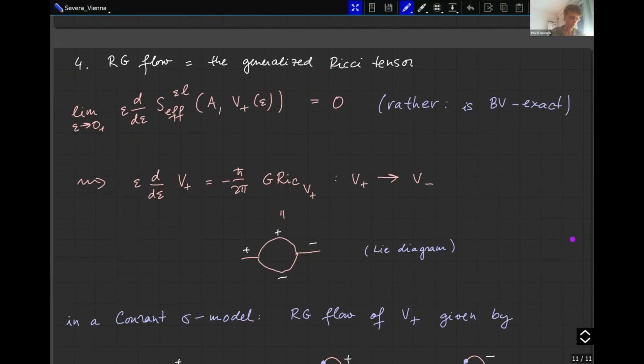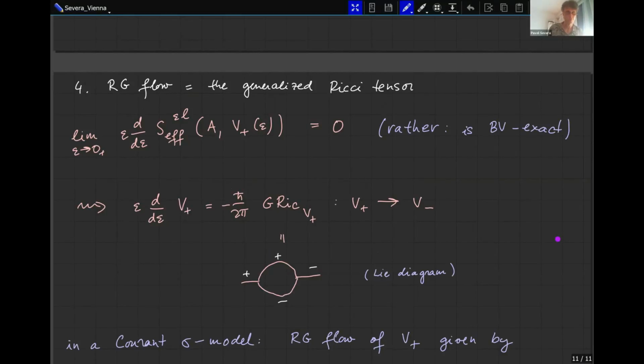I'm not sure if I understand the question. If I understand correctly, Noriaki is asking for fixed points of the flow. Fixed points. Okay. Yeah, fixed point: can we prove this equation, or is this a requirement of the theory?